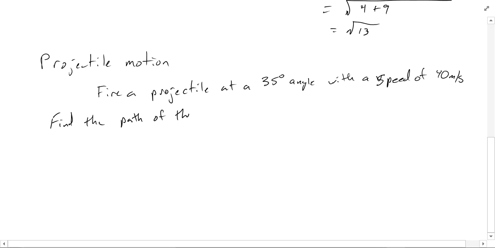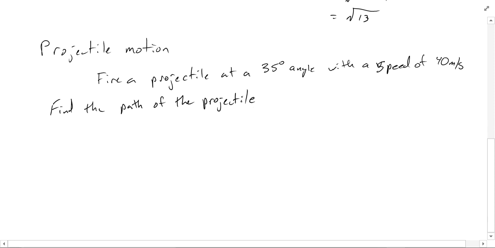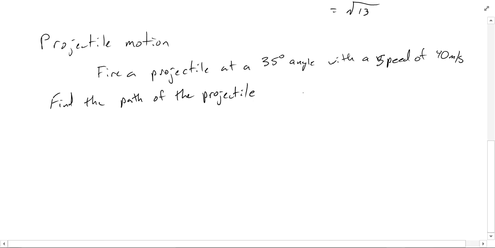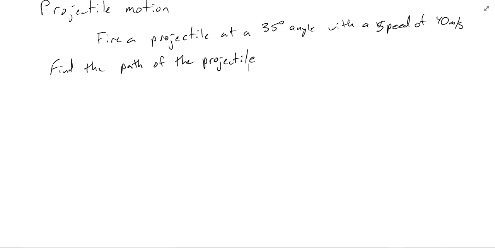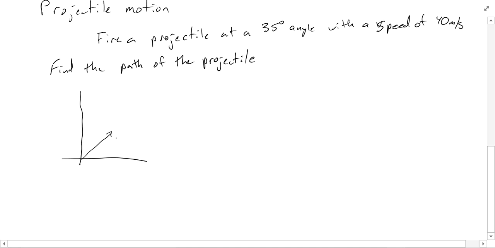By that I mean find a vector function that models that. Let's assume we can get away with just working in 2 dimensions here. So we're going to fire this with an initial velocity of 40 meters per second at an angle of elevation of 35 degrees.